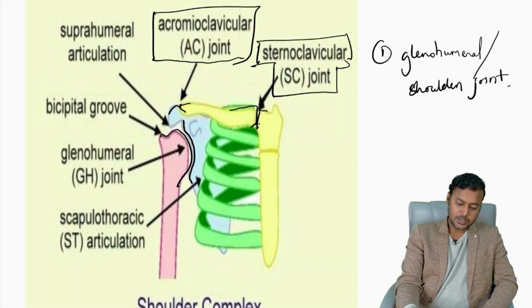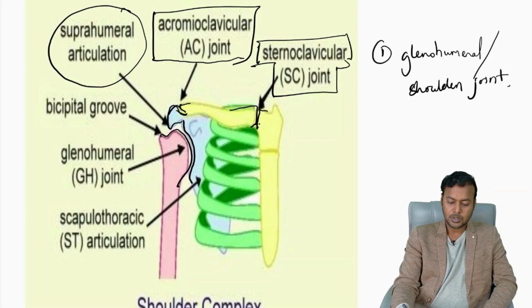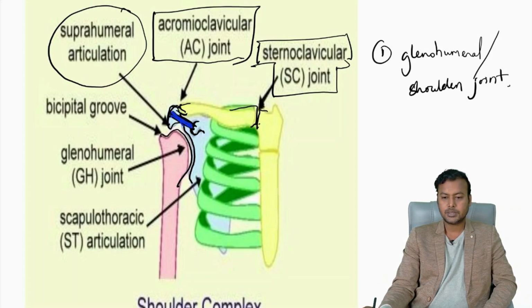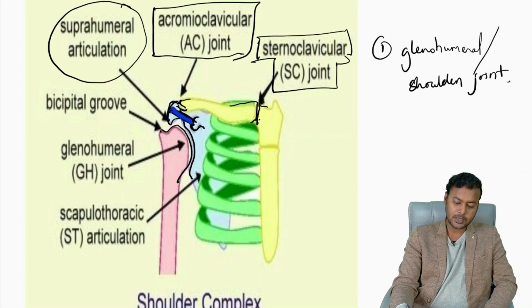Now, students, what is this suprahumeral articulation? I told you about these two processes of the scapula, that is the acromion process and the coracoid process. This acromion and coracoid process are joined by a strong ligament. This is known as the coracoacromial ligament.